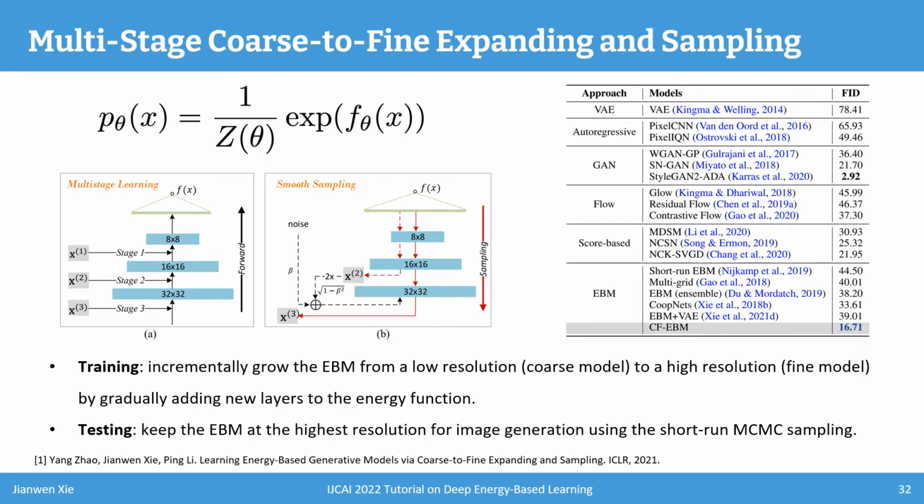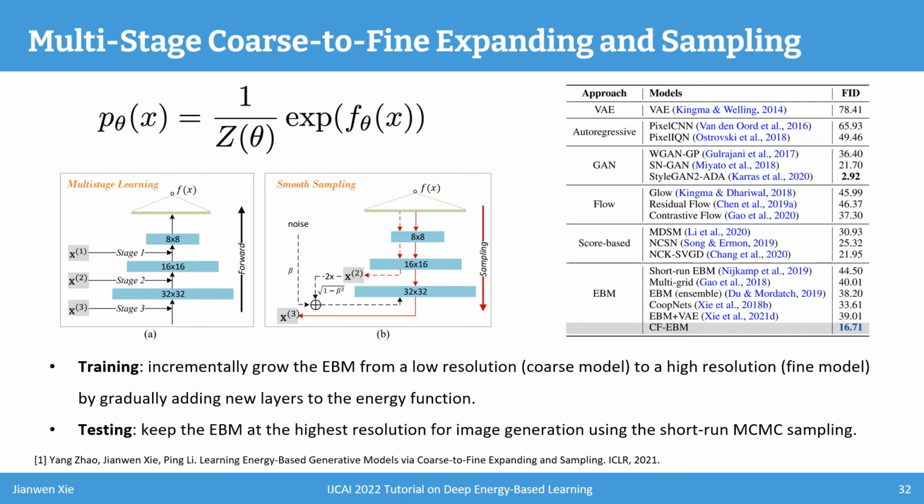The high-resolution energy-based model can be trained in a multi-stage expanding and sampling scheme. We incrementally grow the EBM from a low resolution to a high resolution by gradually adding new layers to the energy function.